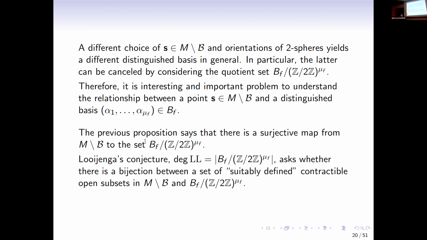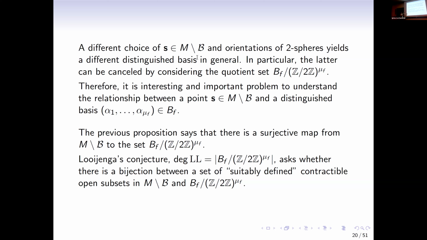So in order to choose distinguished bases, I need to choose a point outside the bifurcation set. And the first problem here is that we also need to choose an orientation of the sphere.